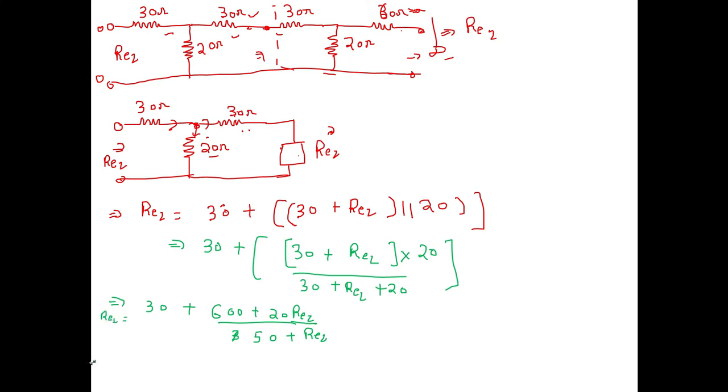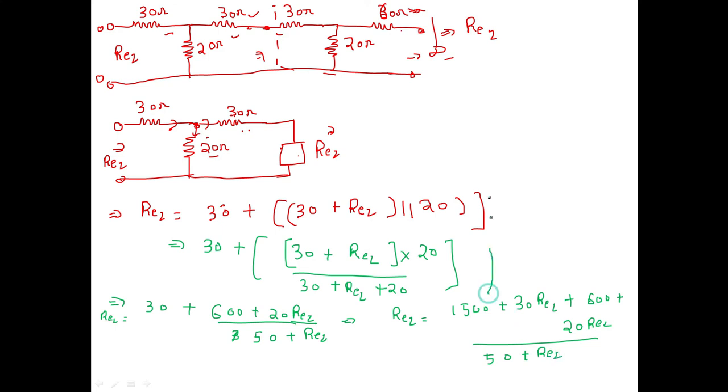Now if you solve it further, R equivalent is equal to this 50 plus 30 multiplied by this part, that is 1500 plus 30 R equivalent, plus 600 plus 20 R equivalent, upon 50 plus R equivalent.